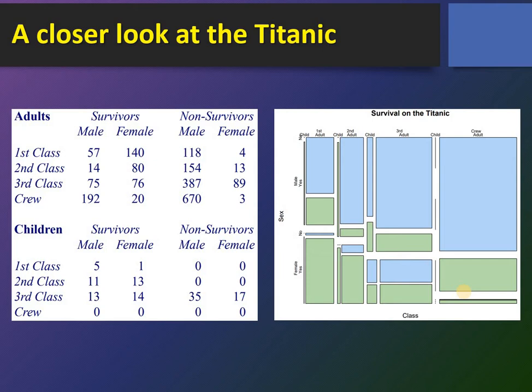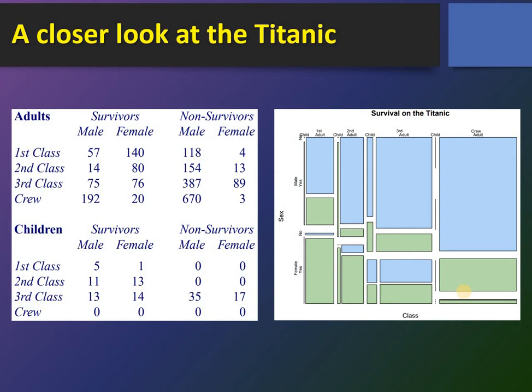So if I look here, I am going to see across the top, my biggest groups that I'm dealing with are children and adults. So I've got the classes, first, second, third, and crew. And within the classes, I broke it down by children and adults. That was my first grouping. And I can tell that that's my first grouping because that's where all of my lines continue to go.